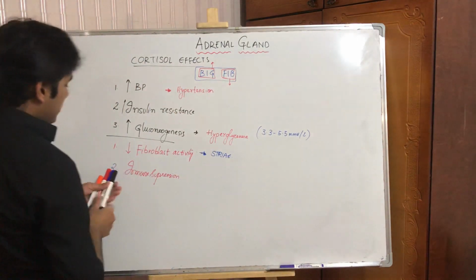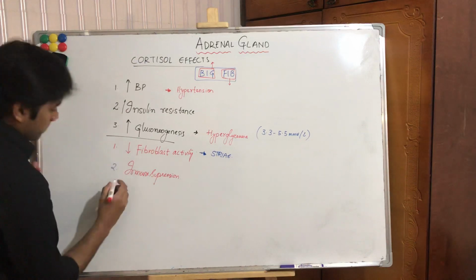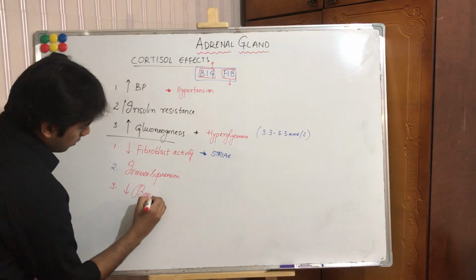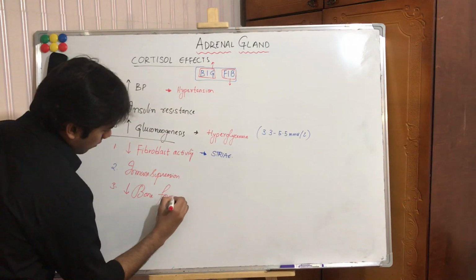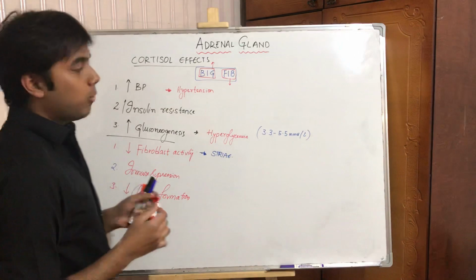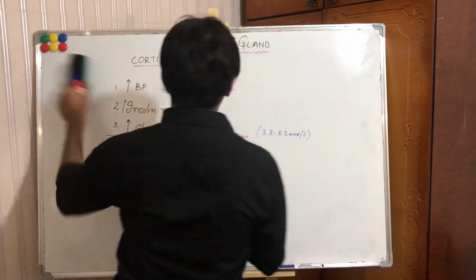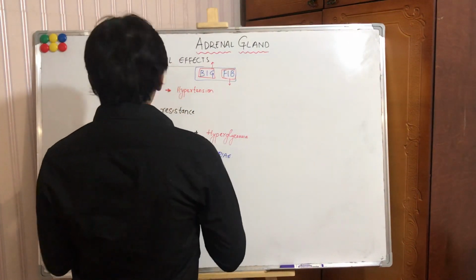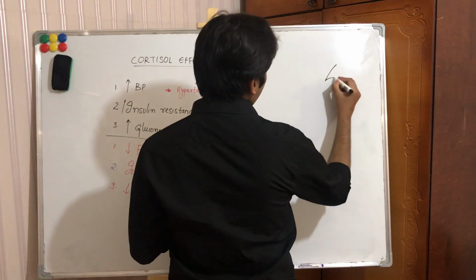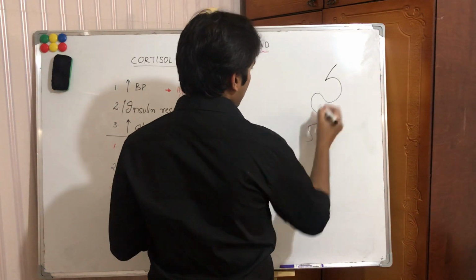Next, B. B stands for decreased bone formation. Now, how does cortisol affect bone formation? Look, very simple. Whenever you are taking food, whenever you are taking calcium, this is your stomach.